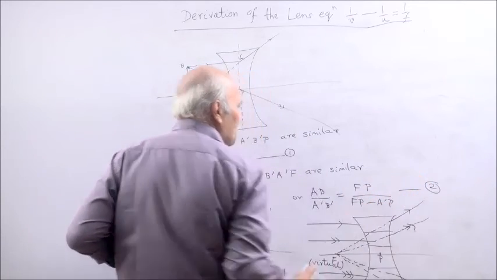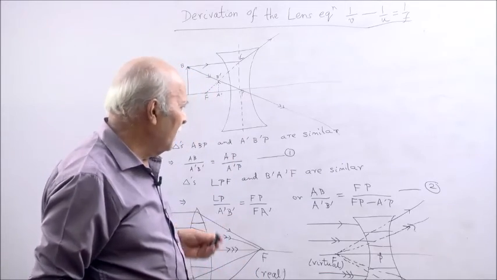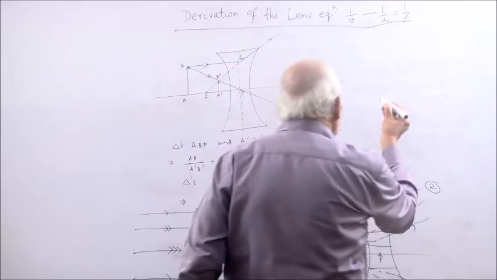This is equation 2. So, comparing equations 1 and 2, left hand sides are equal, so right hand sides are same.